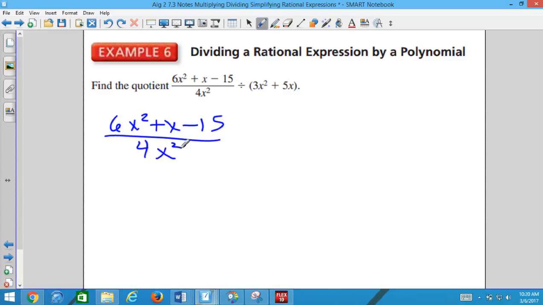You change divide to multiply, and you flip. How do I flip 3x squared plus 5x? Originally there's a 1 under it, so we put 1 over. So you keep, you change the sign, you flip it. Then we have to factor.